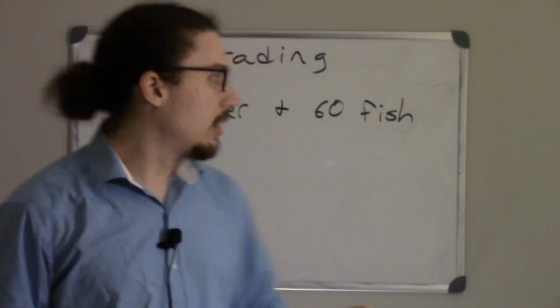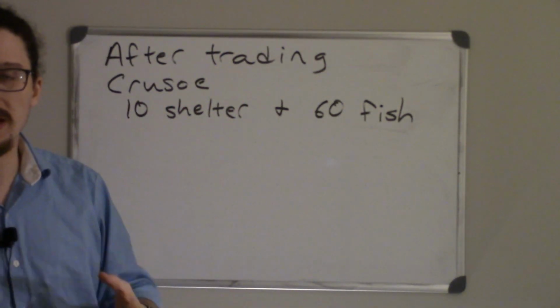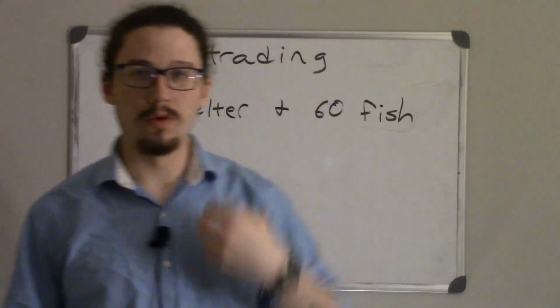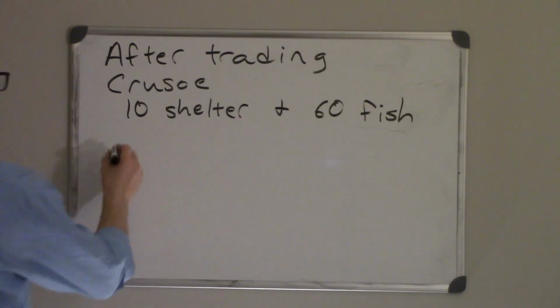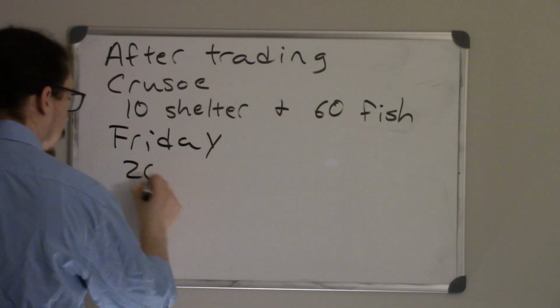So in other words, we can just do the simple math. Crusoe is going to trade 120 of his fish, so he's got 180 that he's caught. He's going to take 120 of those and give them to Friday in exchange for 10 units of shelter.